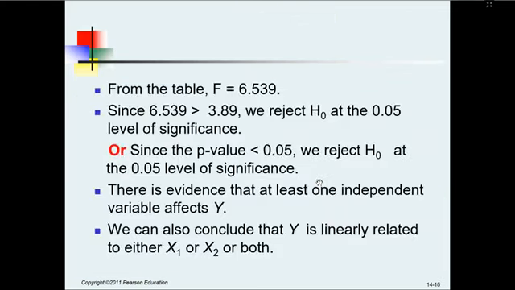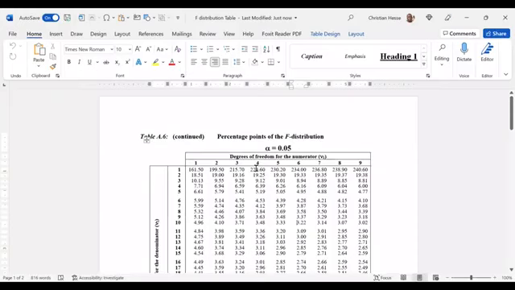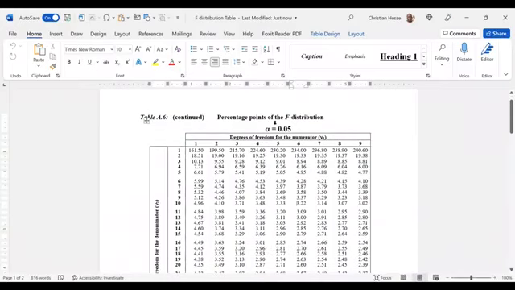The critical value is what you read on the F distribution table. Okay, so that's the F distribution table. What's the alpha? Alpha is 0.05. We always have an alpha for each table. So we are using alpha equal to 0.05.